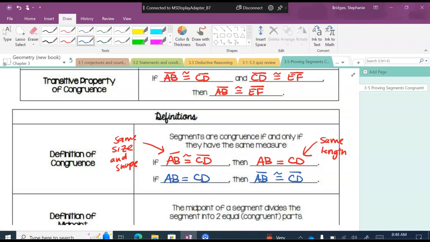That was from the last quiz. One of the verses, converse or inverse? Converse. Inverse negates them, converse switches them. So a lot of times when we talk about theorems, it'll say the converse of this is also true. That just means we switch the hypothesis and the conclusion.